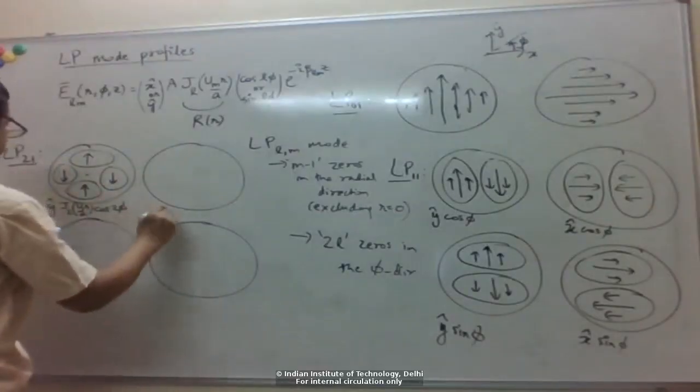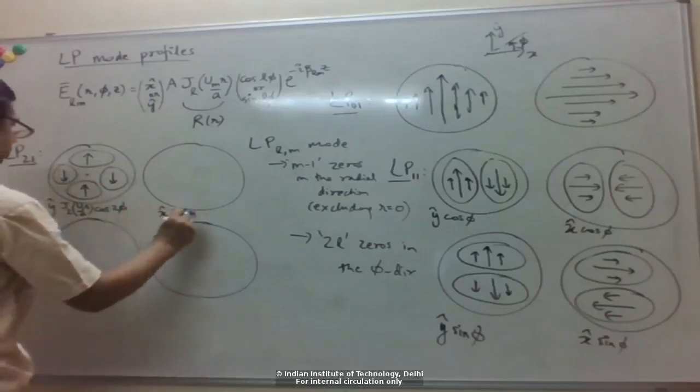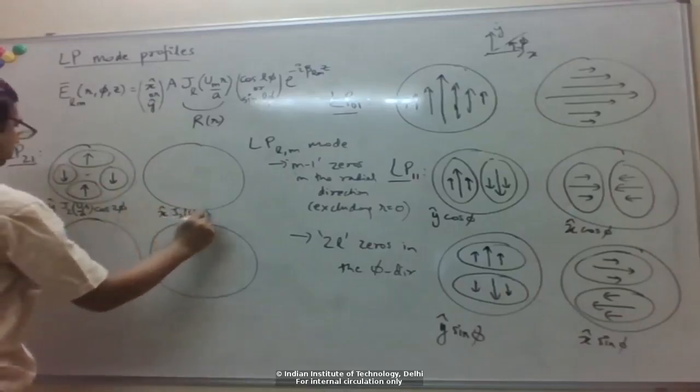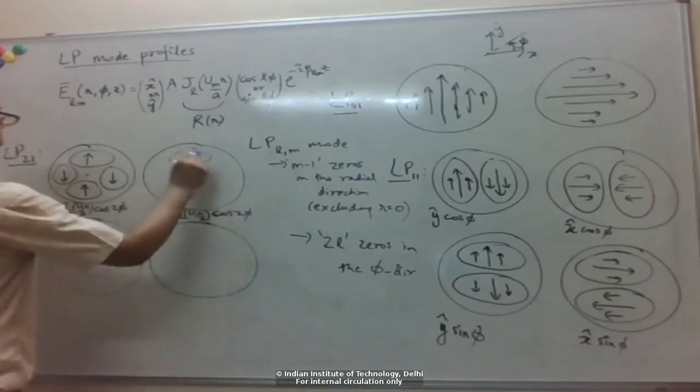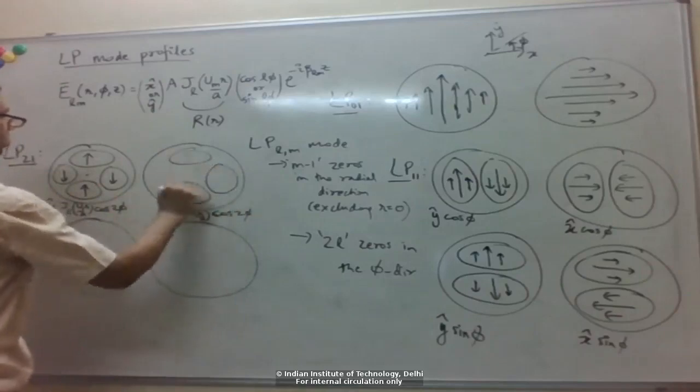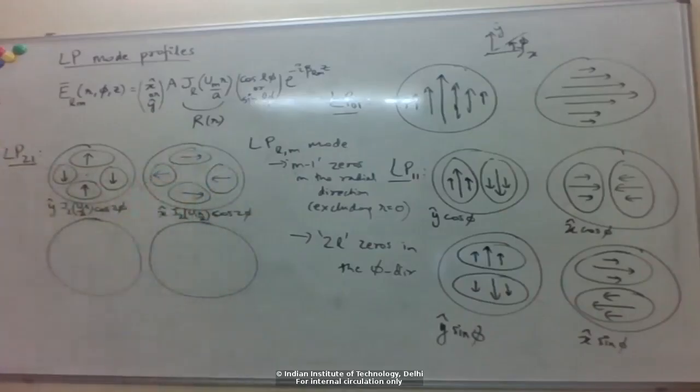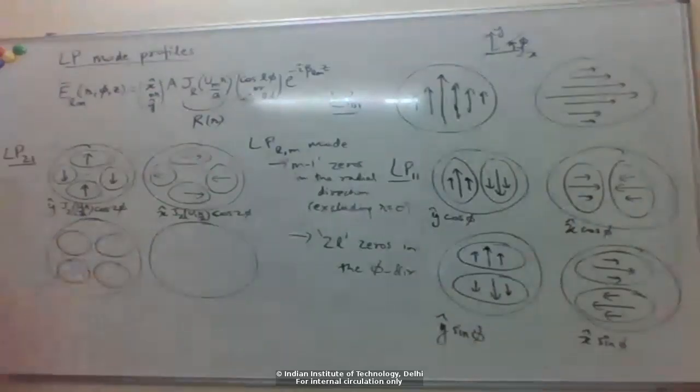Right, so this is the X polarized one. And then now we have sine, where the blobs will look like this. There will be zeros along phi equal to 0 and phi equal to 90.